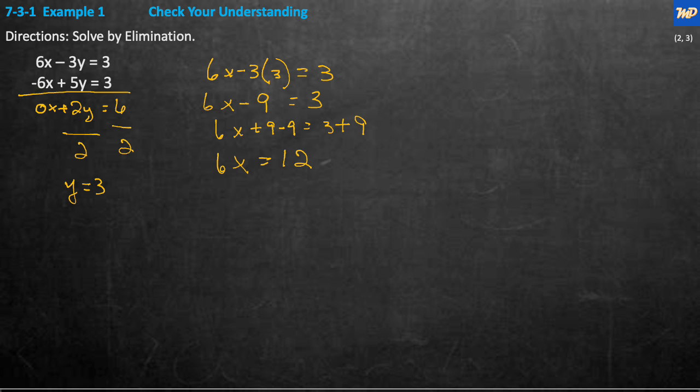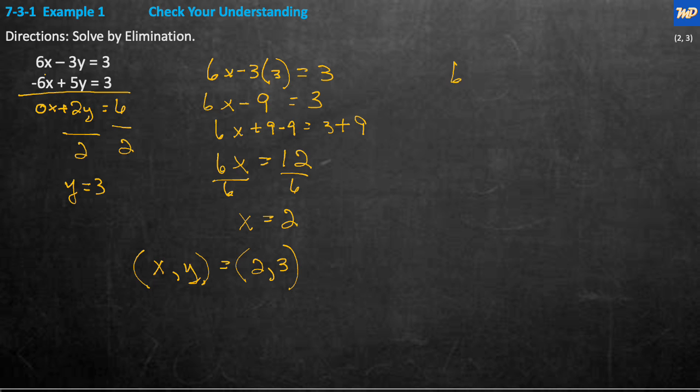We're going to divide both sides by 6, and we get x is equal to 2. So our solution is x comma y, which equals 2 comma 3. If we're going to check it, you can put a 2 in for x.